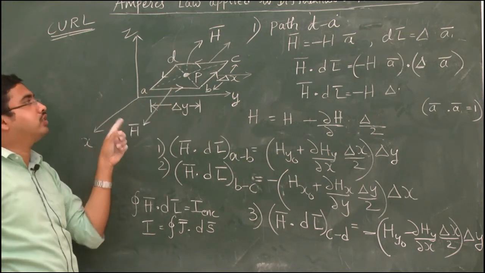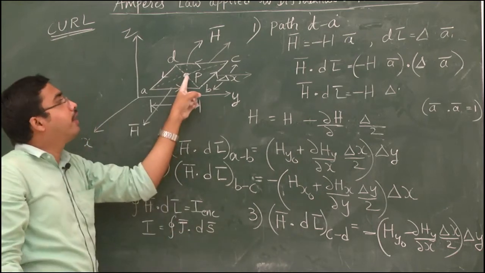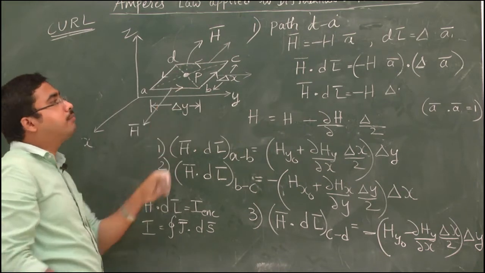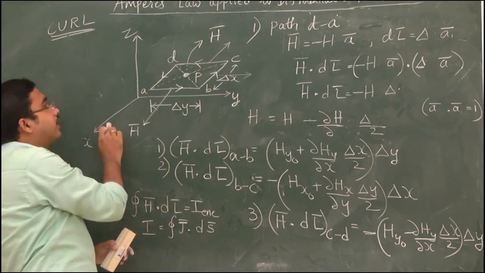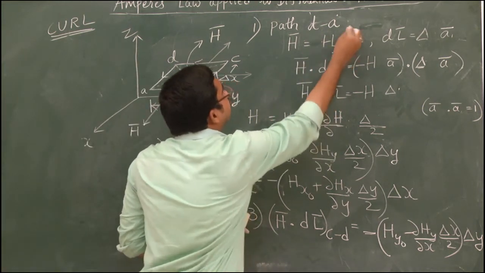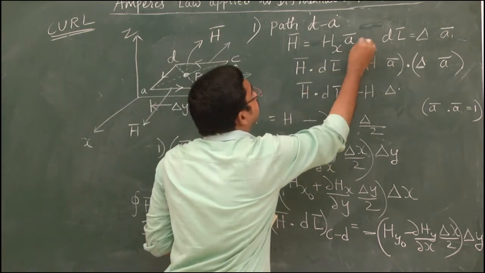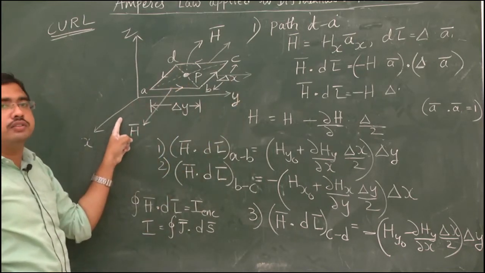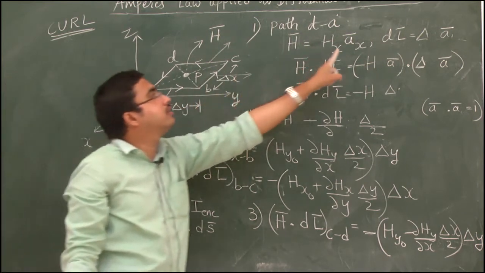Now, what is the expression for h bar at this point P due to this Amperian path AD? As it is matching with the x direction, you should take hx into ax bar, the unit vector in the x direction.